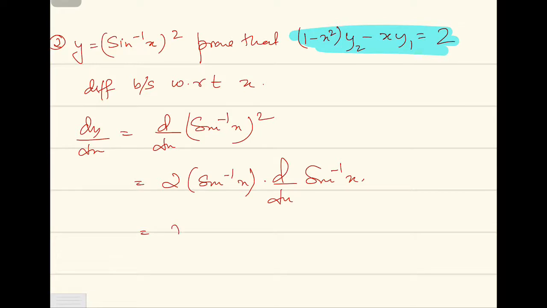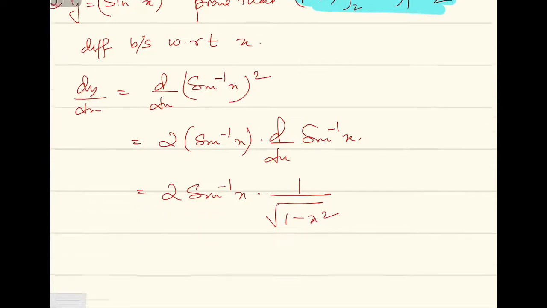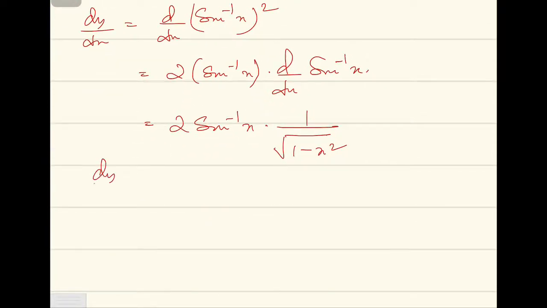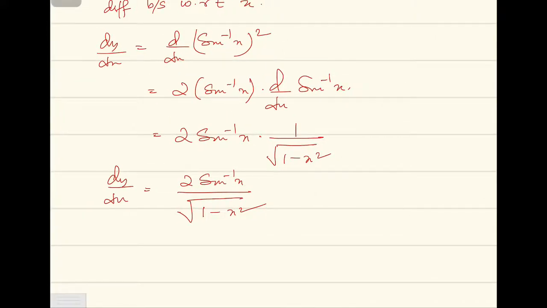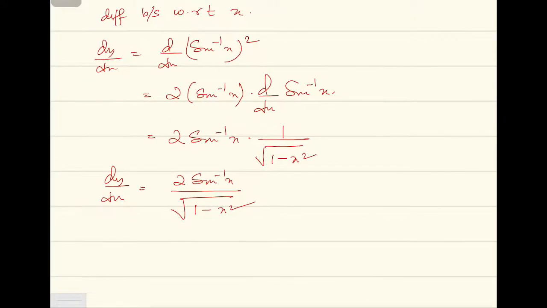That gives me 2 sin⁻¹x, and everyone knows d/dx of sin⁻¹x is 1 by under root 1 minus x². So to simplify this, dy/dx equals 2 sin⁻¹x divided by under root 1 minus x². Is that correct, everyone? Yes. Now from here you have two options. I'll show you both the options.